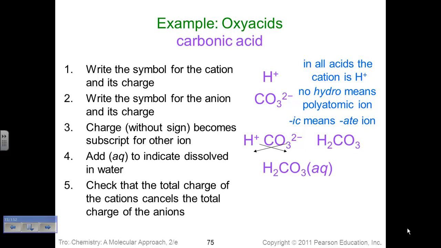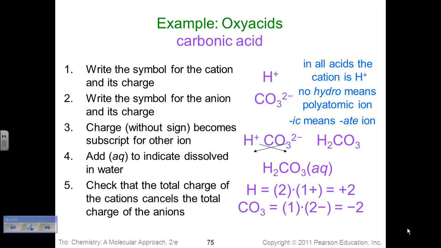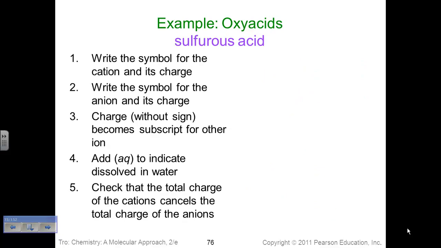And checking the total charge, 2 units of our +1 hydrogen do indeed balance the -2 charge of a carbonate, giving us a net of 0. Aqueous carbonic acid, H2CO3. Ic came from ate.